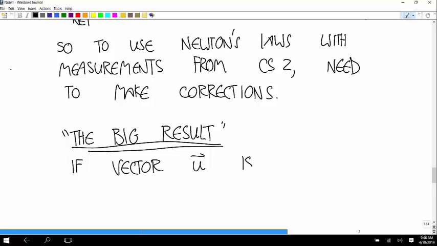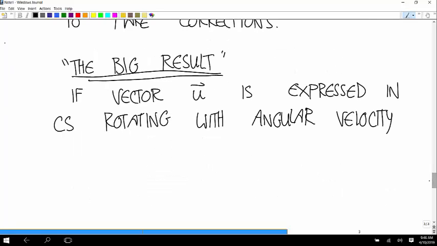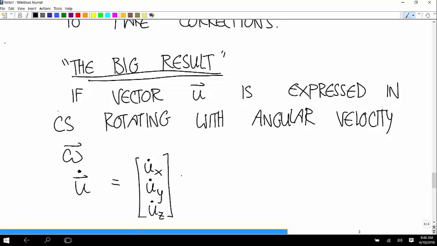So if a vector u is expressed in a coordinate system that's rotating with angular velocity omega, then the time derivative of the vector u is equal to the time derivatives of the components plus omega cross u.